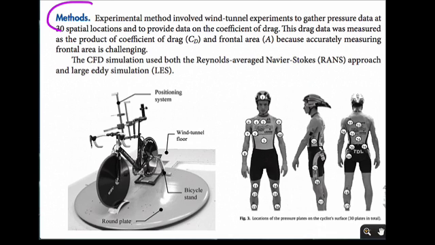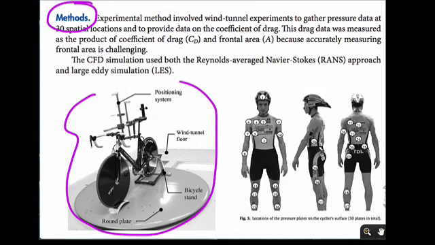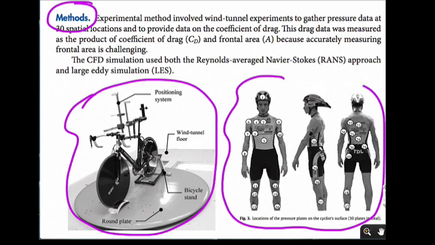In the methods section, the authors tell us we're going to do some experiments. So we're going to mount a bicycle in a wind tunnel and measure drag on the bicycle plus the rider, and here's what our apparatus looks like. And we're going to instrument a bicycle rider, as shown here, and measure pressure at like 30 locations. And we can compare this data then with the computational fluid dynamics.